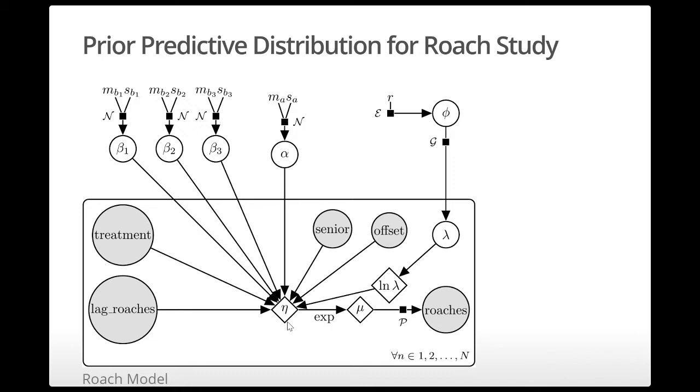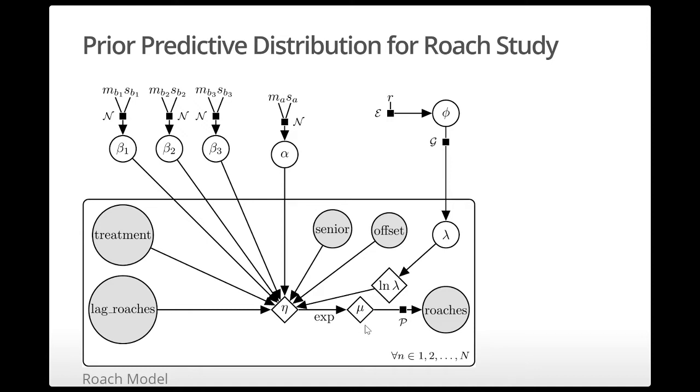So generalized linear model means that eta is a linear function of the parameters, but there can be a nonlinear transformation relating eta to the expectation of the outcome. In this case, the outcome is going to have a Poisson distribution, and so the parameter of the Poisson distribution is mu.